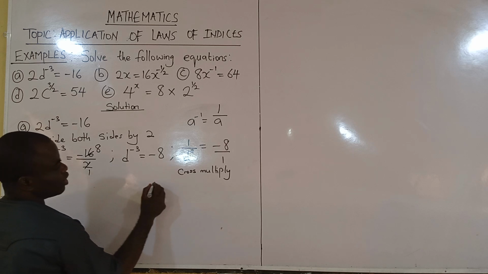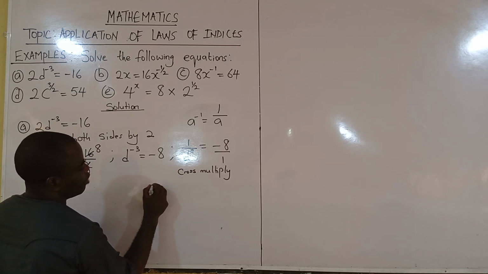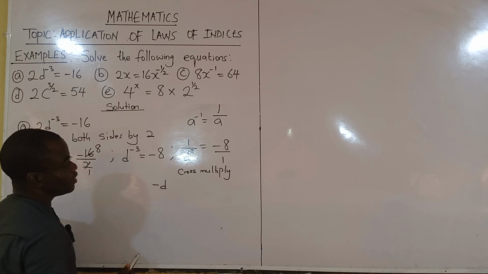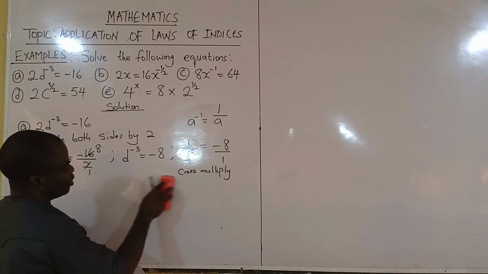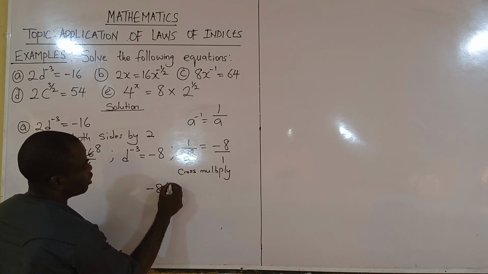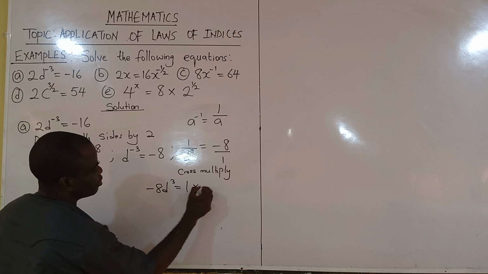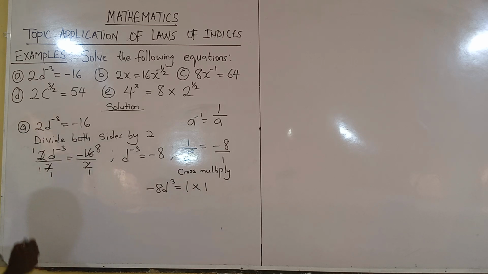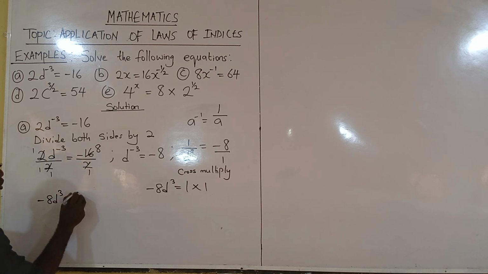When you cross multiply, you have minus 8d raised to the power 3 equals 1 times 1. You now have minus 8d raised to the power 3 equals 1.